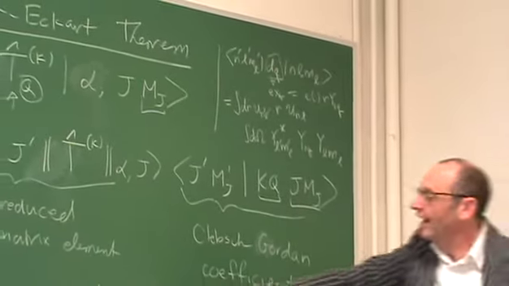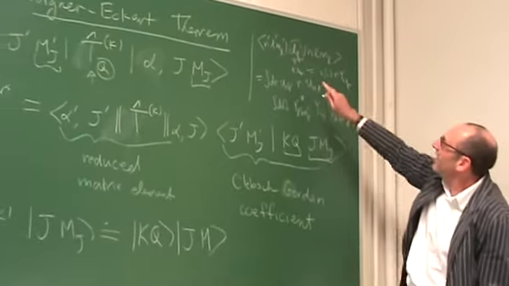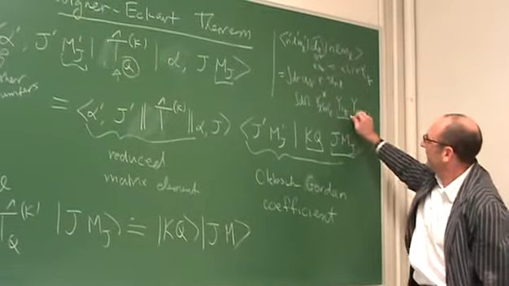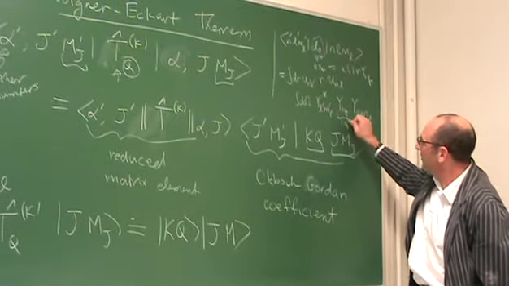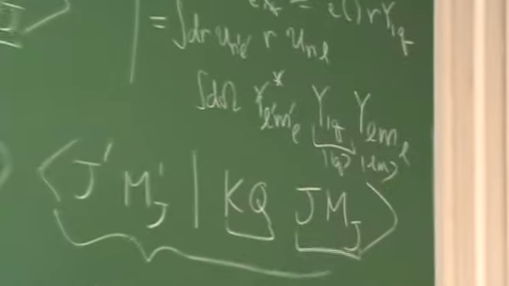So when I'm writing this loosely, this is like my ket 1q, and this is like my ket ln.